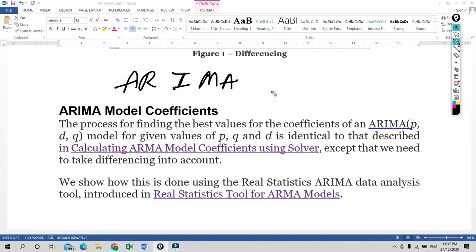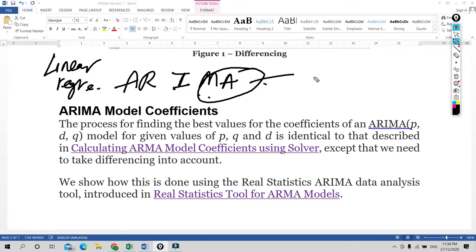Finding AR is quite straightforward. You can use a linear regression. And MA is not found using a linear regression. This is quite complicated. You need to use maximum likelihood estimation, because you cannot use just a simple linear regression.